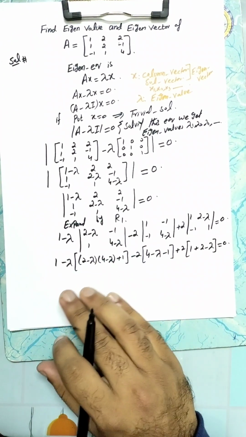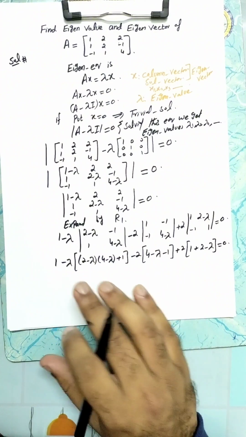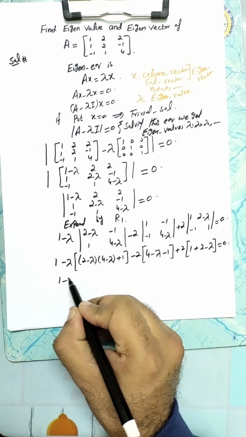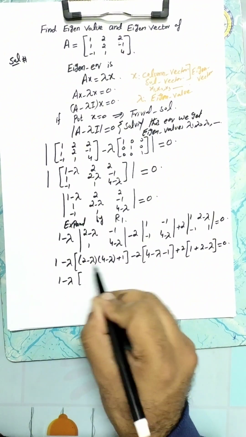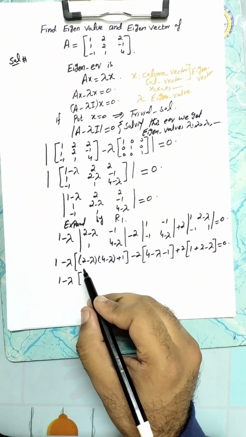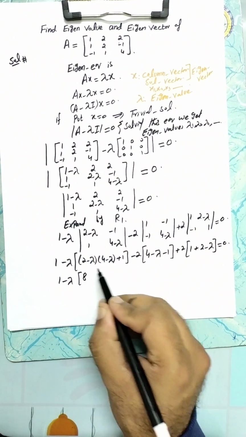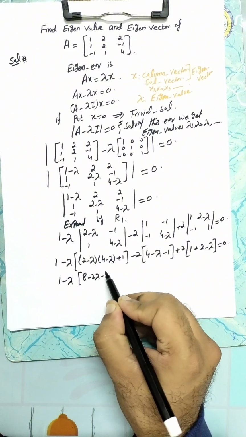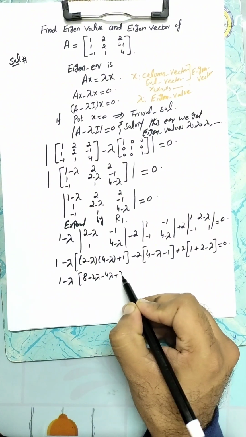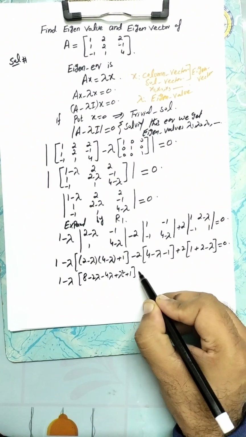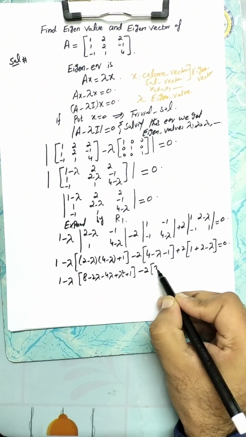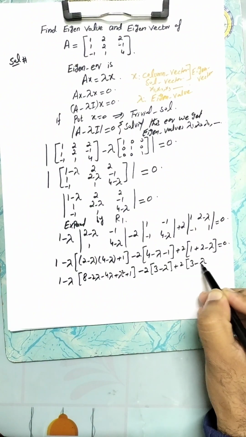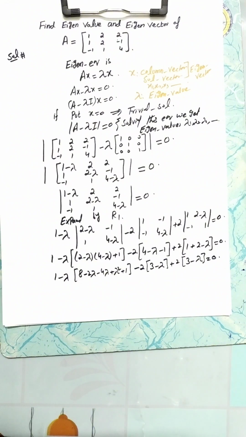So solving this equation, we get the values of lambda. How to simplify this? This is so simple. This is 1 minus lambda, and multiplying this, it becomes 8 minus 2 lambda minus 2 lambda minus 4 lambda plus lambda square plus 1, and this equals minus 2 times (3 minus lambda) plus 2 times (3 minus lambda) equal to 0.